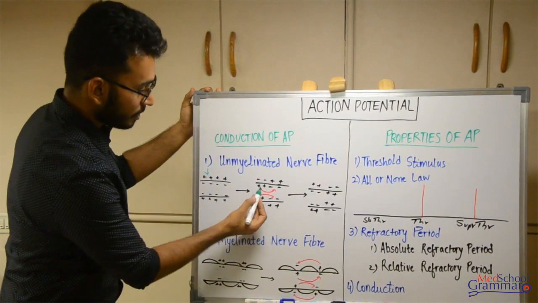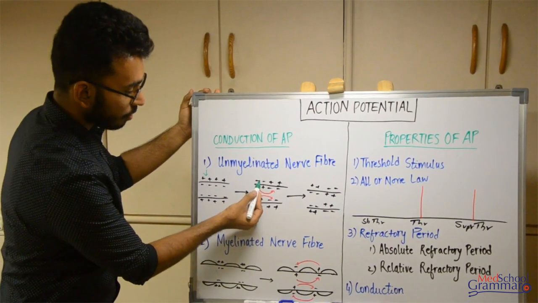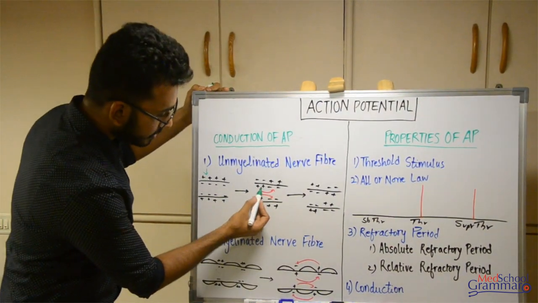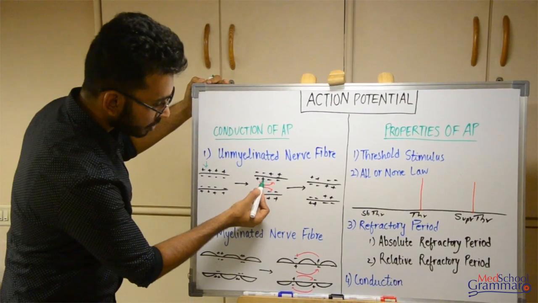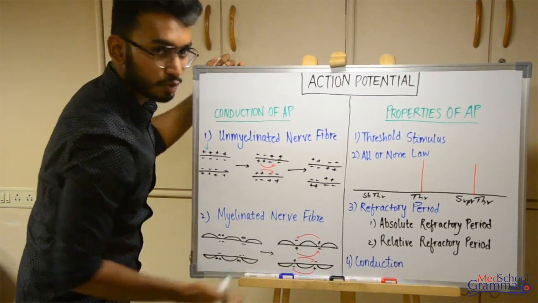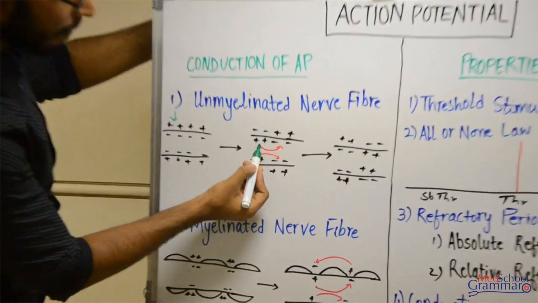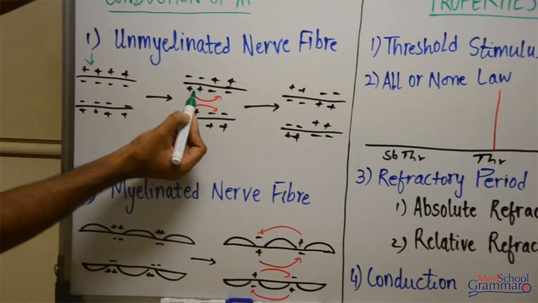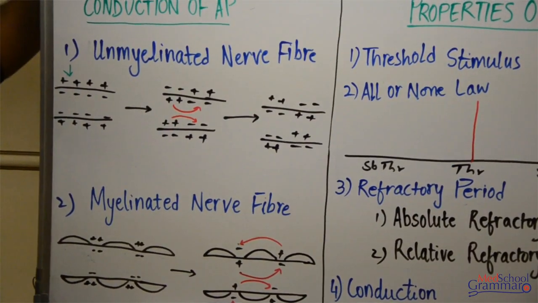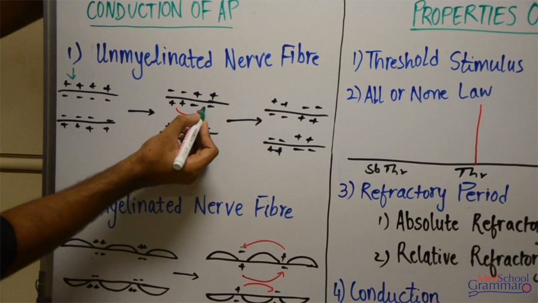Now the positive and the negative charges come to lie next to each other inside the cell. So current starts flowing from the positive to the negative side.